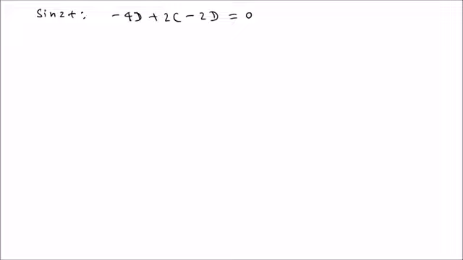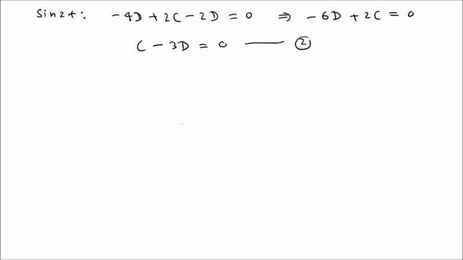This simplifies to negative 6d plus 2c equals 0. So this is going to give you negative 6d plus 2c equals 0. If you divide by 2, you're going to get c minus 3d equals 0. I'm going to call this equation number 2.